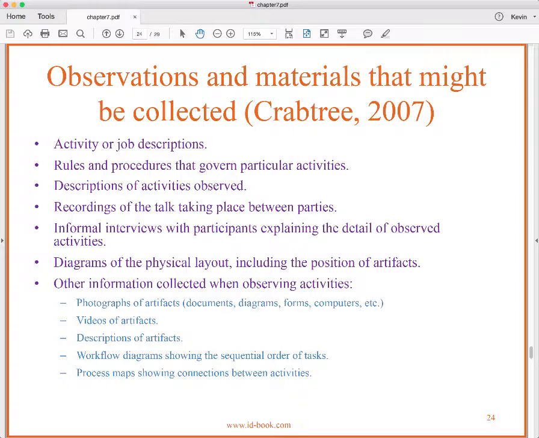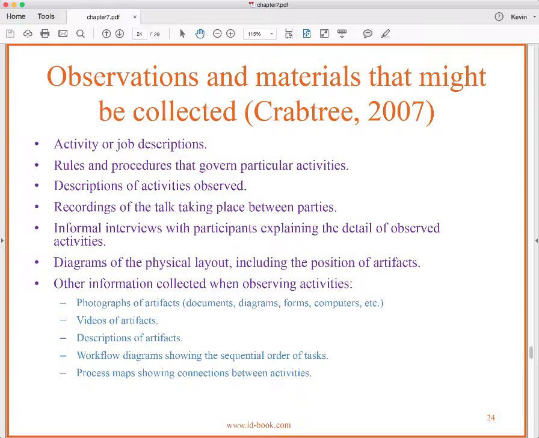And one of the nice things that you can do in an ethnographic study is that you can actually come back after you've had your opportunity to form that point of view and test it out and see if that rings true with the participants. And sometimes it will and sometimes it won't.